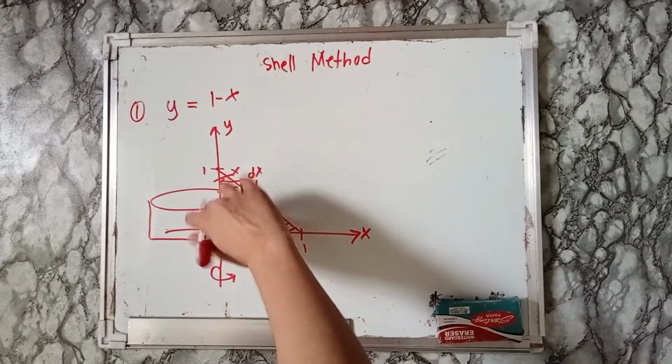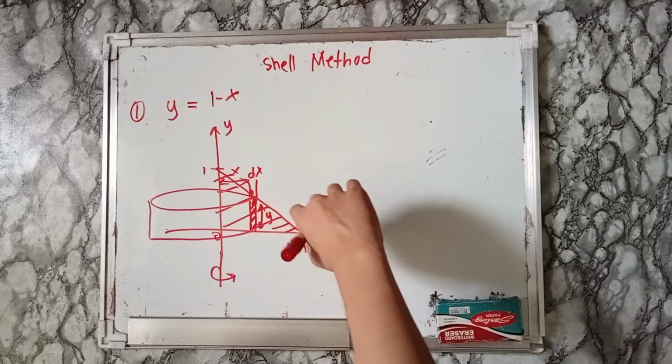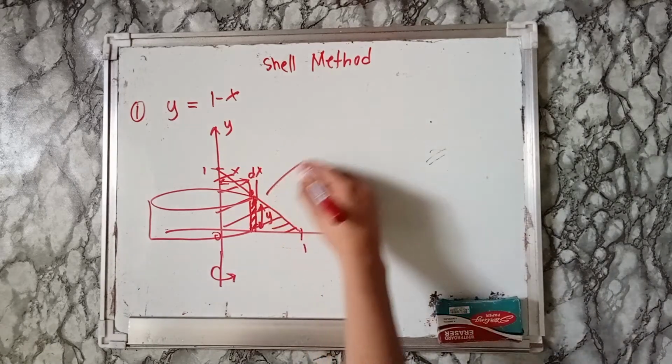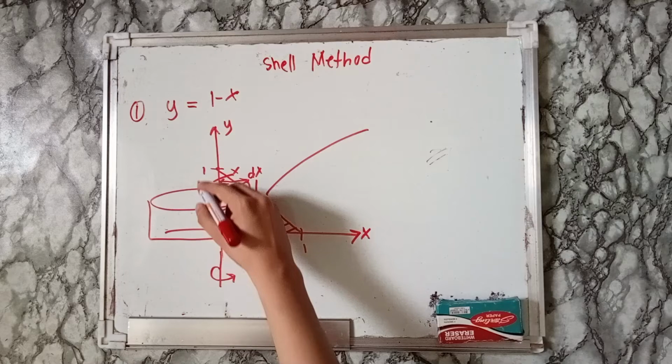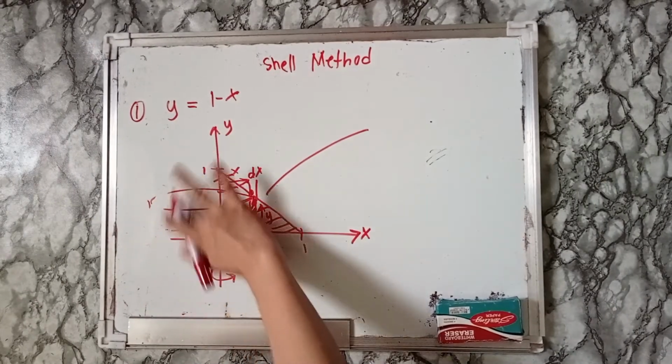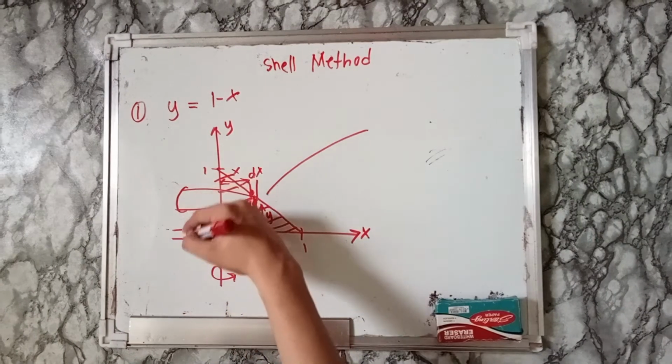So this is 1 and 1, 0. Now if we cut this in half, let me draw that again.